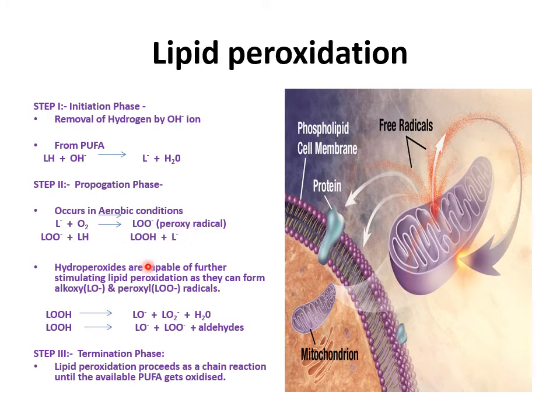These peroxides are capable of further stimulating lipid peroxidation, and in this way alkoxy and peroxy radicals are formed. More of these two radicals are formed, and in this way many free radicals are formed and the chain reaction takes place. As a result of these reactions, the conversion of lipid radical and peroxy radical continuously produces hydroperoxides and other free radicals.